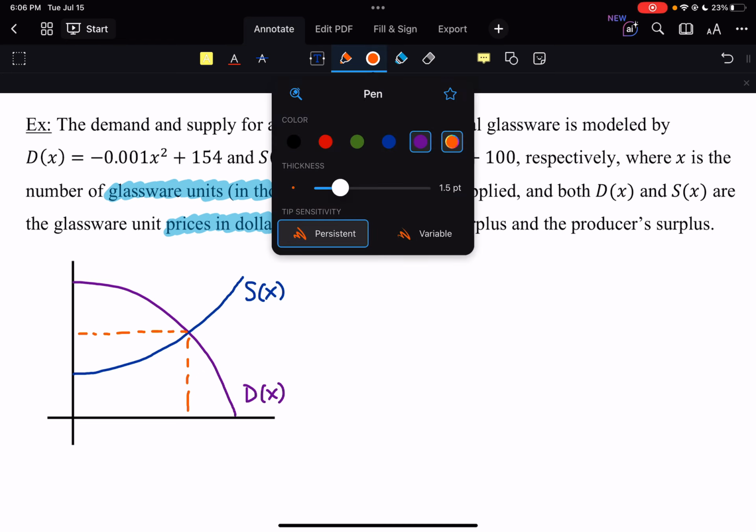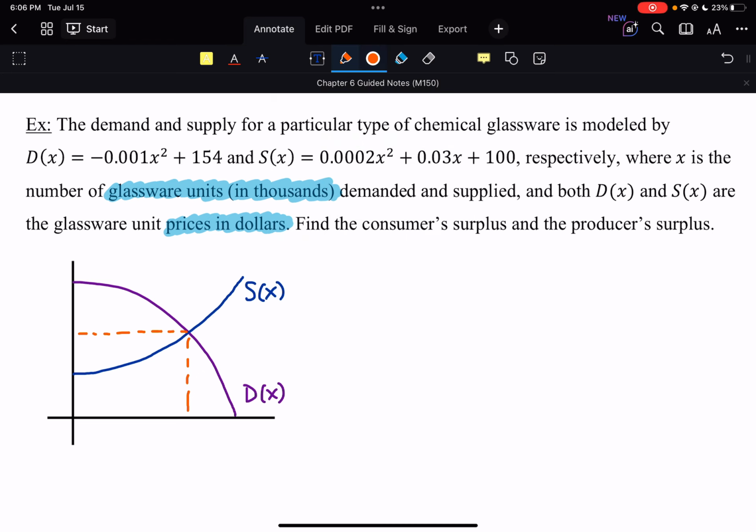Okay, so we're going to tackle this the same way that we tackled the last one. So we would go ahead and equate these.